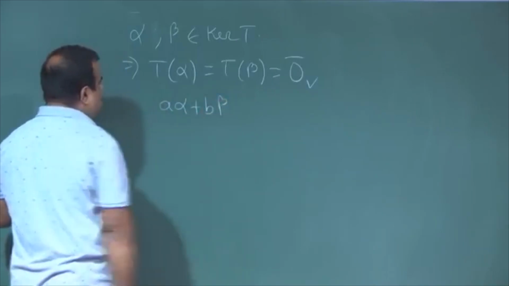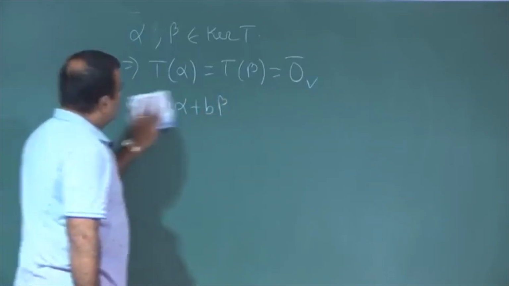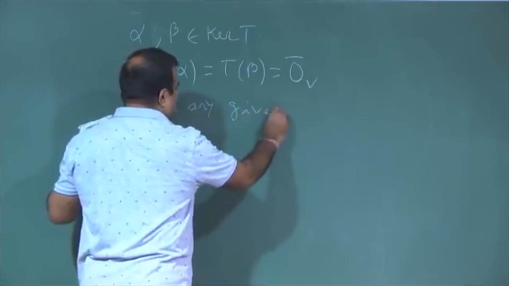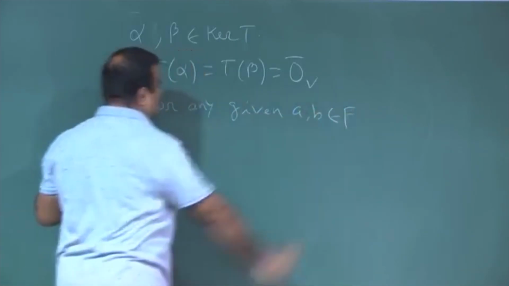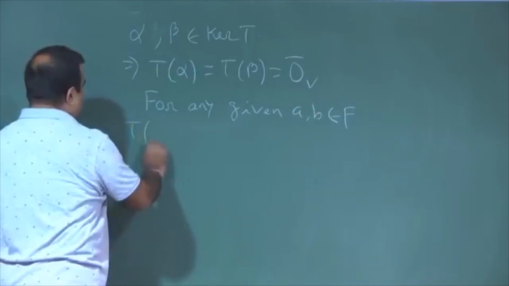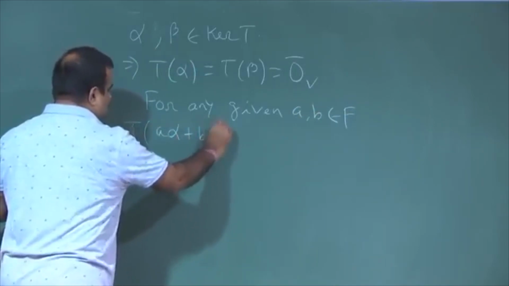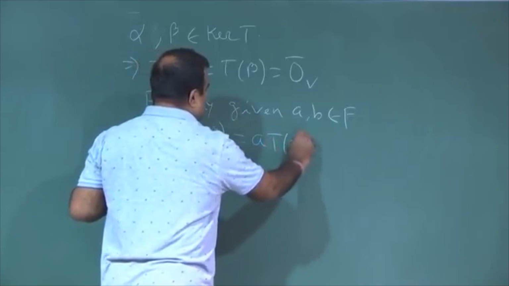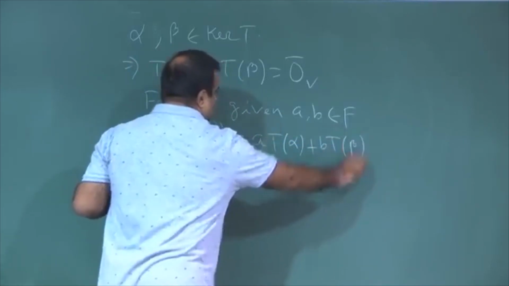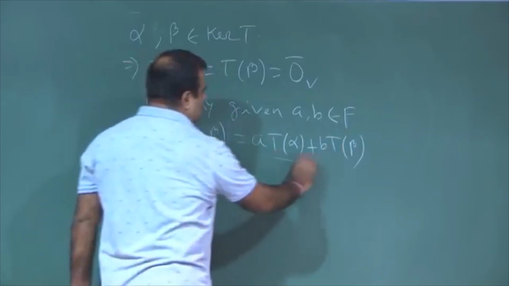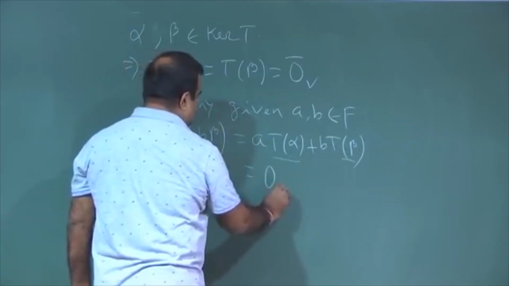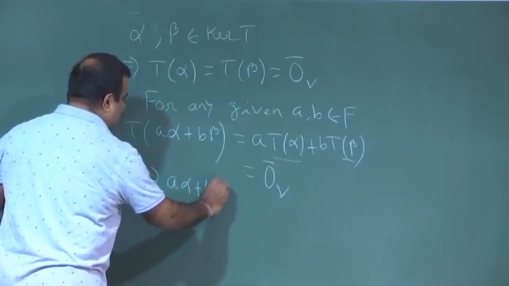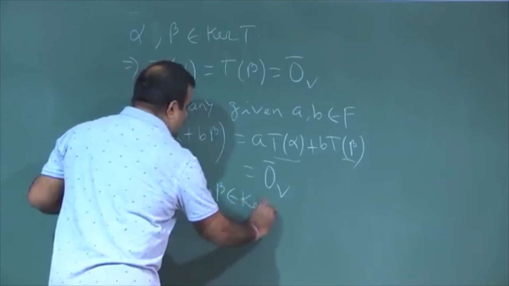For any given a, b from the scalars, we take T of a alpha plus b beta. Now, since T is a linear transformation, this must be written as a T alpha plus b T beta. Now, this is 0, this is 0. So, this will give us 0_V. So, this implies a alpha plus b beta belongs to the kernel of T.